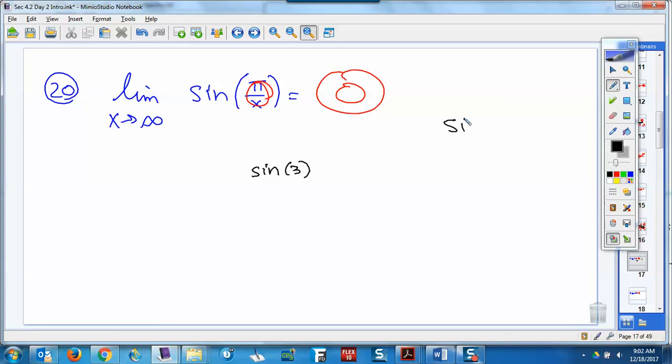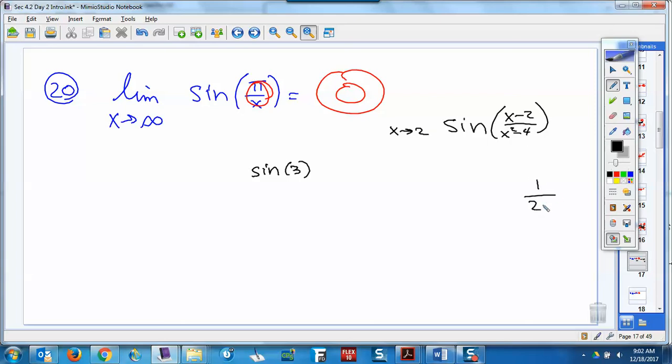I mean, let's make one up. Sine of, let's do, like we just had a minute ago. Let's say we had that as x approaches 2. So now you plug in your 2, you get 0 over 0. Right? So just do L'Hopital's rule on that part.